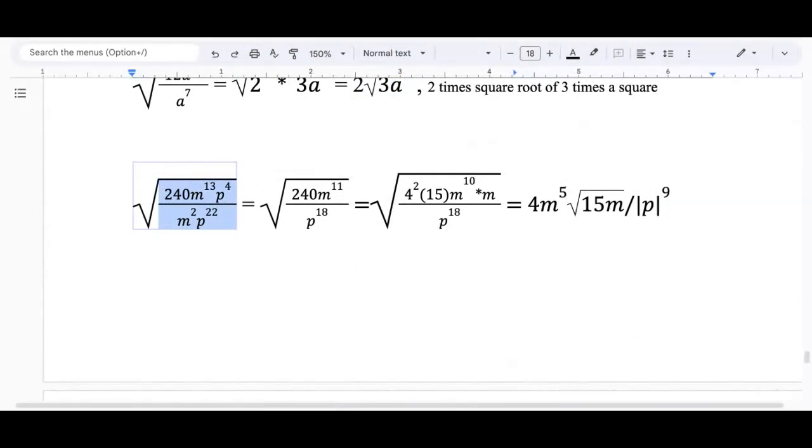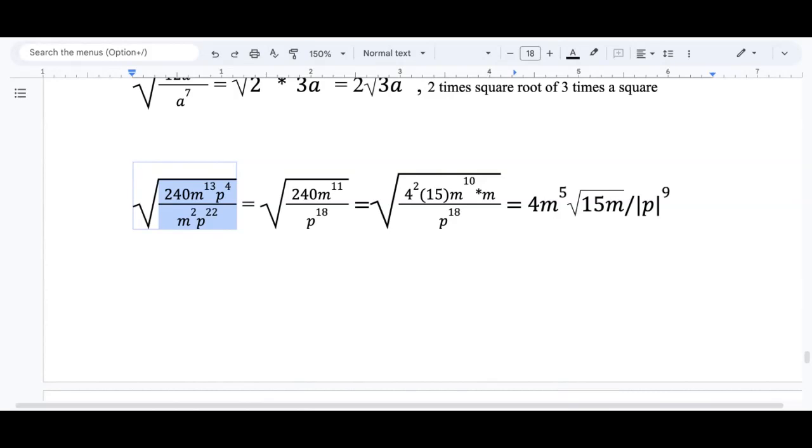We're looking for same base. We see m to the 13th power in the numerator, m squared in the denominator. So we do m to the power 13 minus 2, which is 11. Well, p to the fourth power in the numerator, but p to the 22nd power in the denominator. So what do we do? We keep p in the denominator. We do 22 minus 4, which is p raised to 18. Now we apply square root, right?